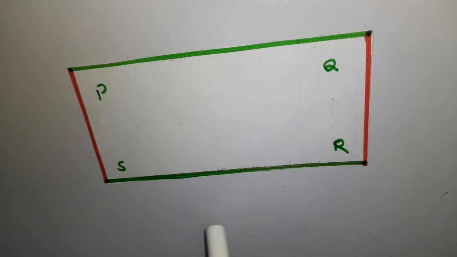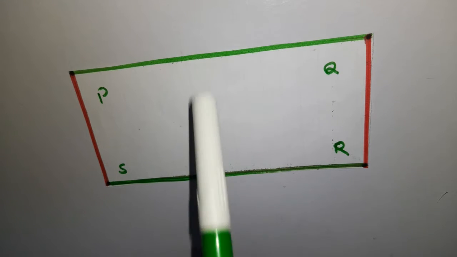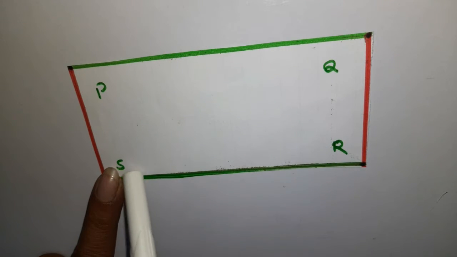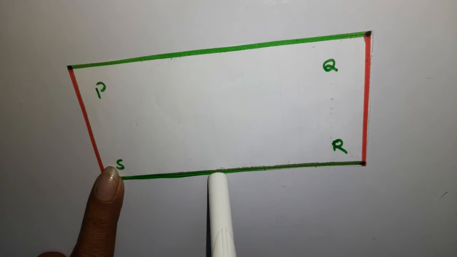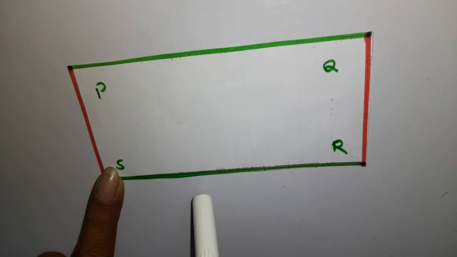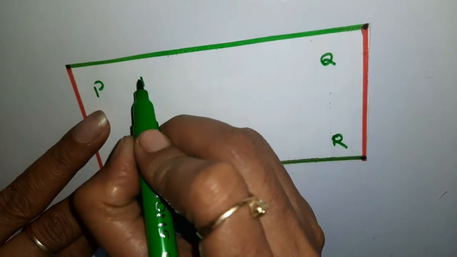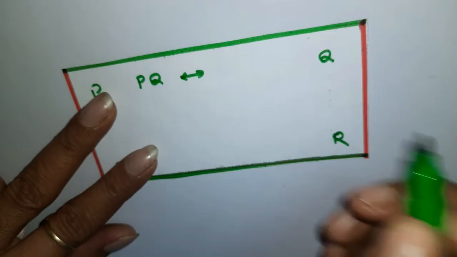As you can see, the colors are showing you these two colors are the same. They are facing these two sides. Here we are having PQ and this side SR. These two sides are facing each other. They are just opposite to each other. We say that if they are facing each other, they are opposite to each other. Now these two sides are opposite pairs, and these pairs are not sharing any common points.